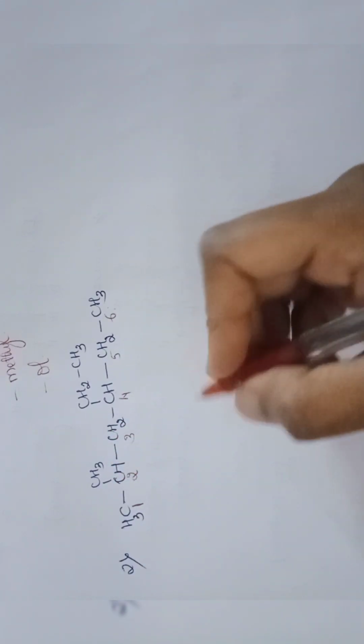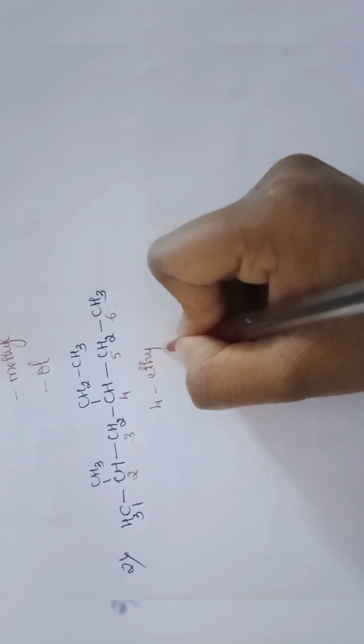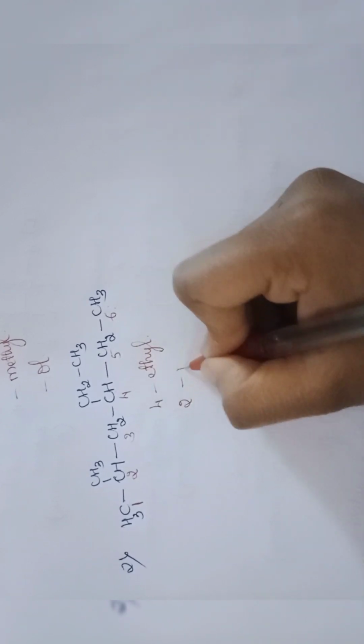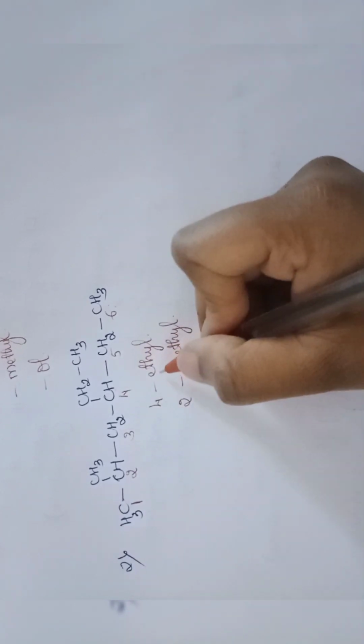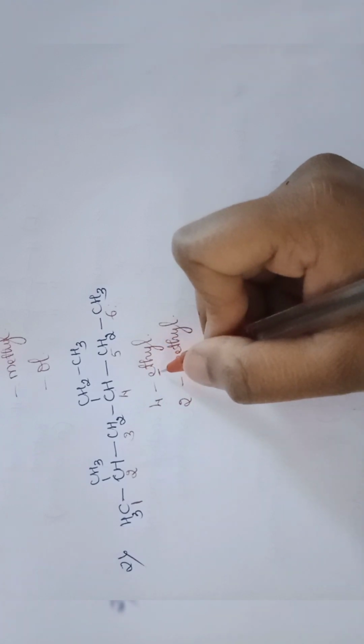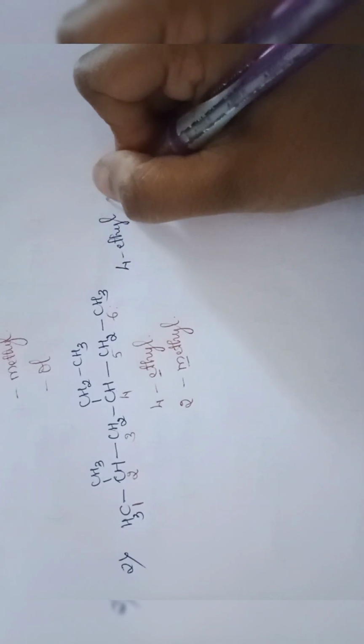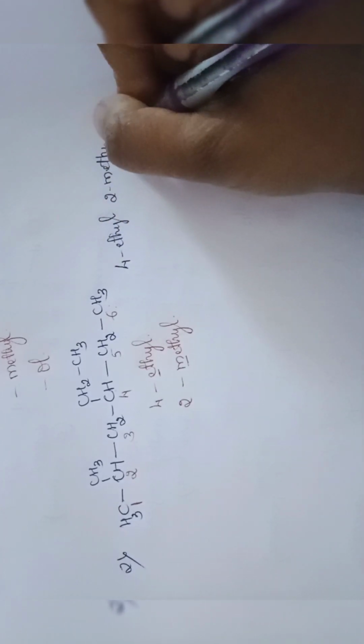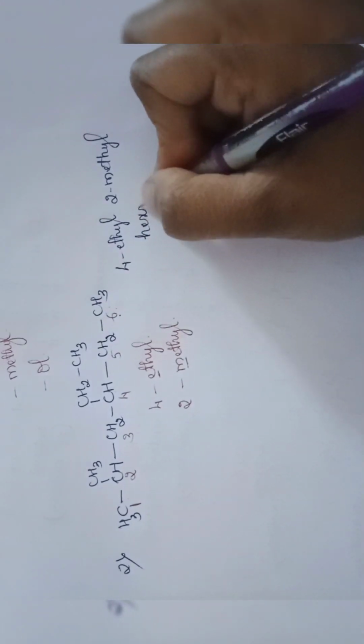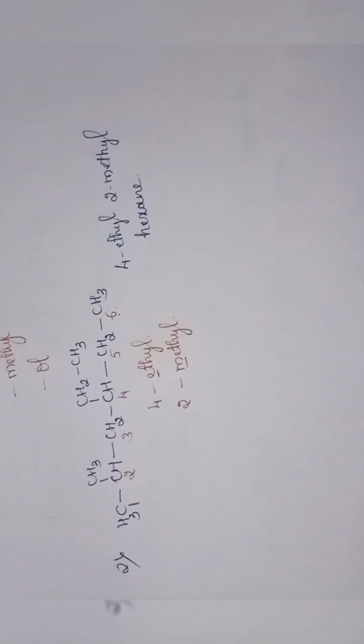We need to check alphabetical order. At the 4th position, it is an ethyl group, and at the 2nd position, it is a methyl group. Which comes first? E comes first. Hence, the name will be 4-ethyl-2-methylhexane.